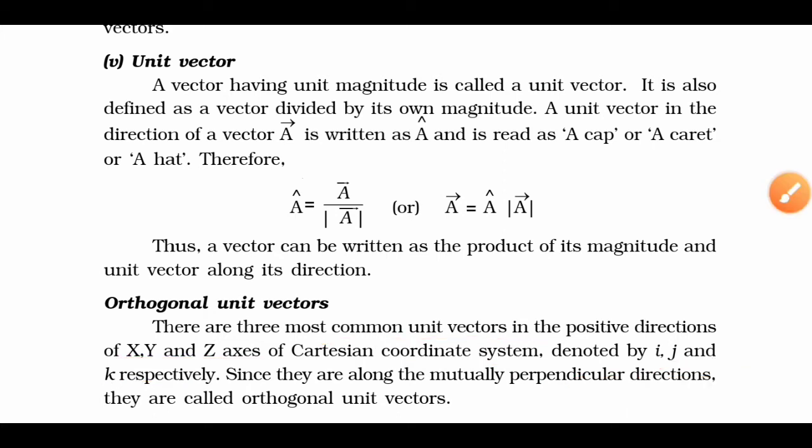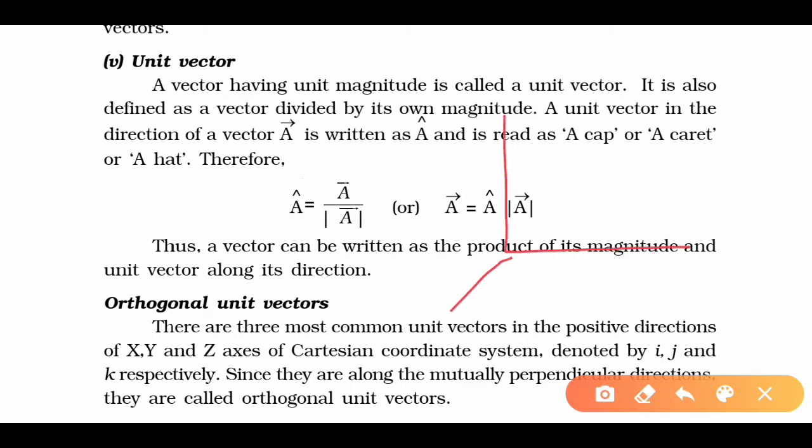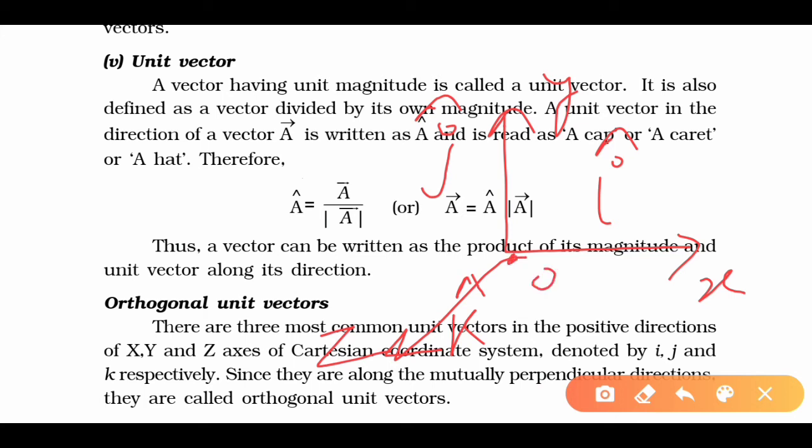Since they are along mutually perpendicular directions, they are called orthogonal unit vectors. In the x direction we are saying i cap, in the y direction the orthogonal vector is j cap, and in the z direction the orthogonal vector is k cap, and this one is the origin.